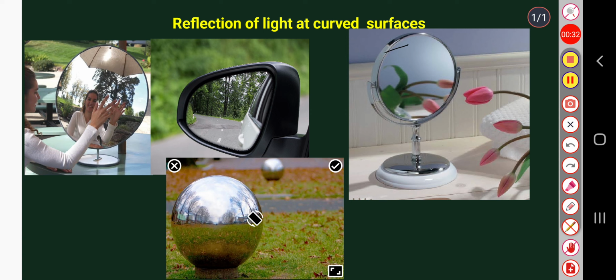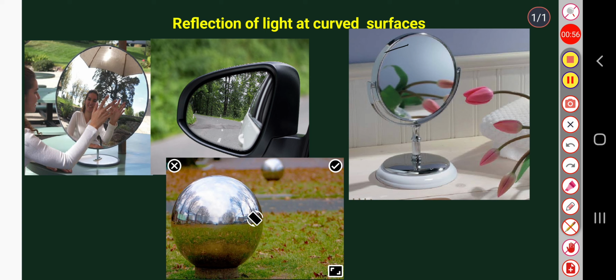And also, why can the curved mirrors, like convex mirror and concave mirror, be called spherical mirrors? So why do we call the convex and concave mirror spherical mirrors? Now we'll discuss in today's session.